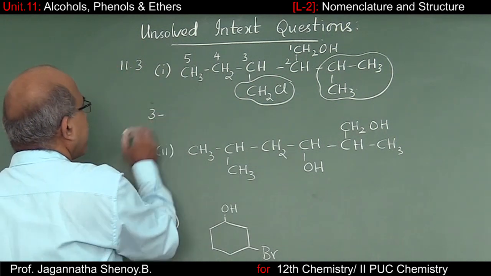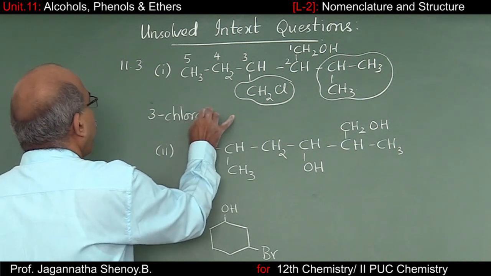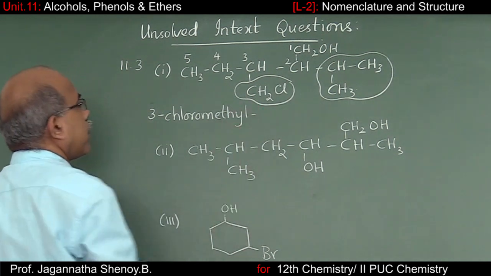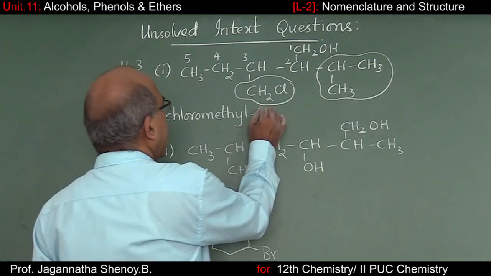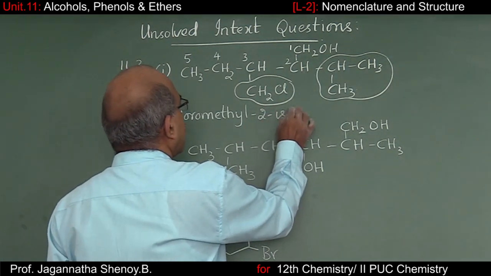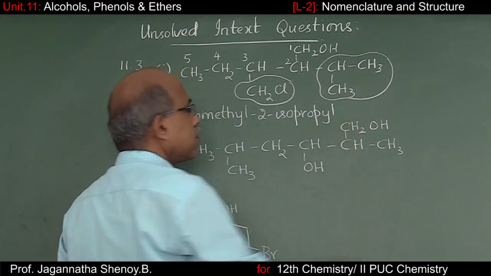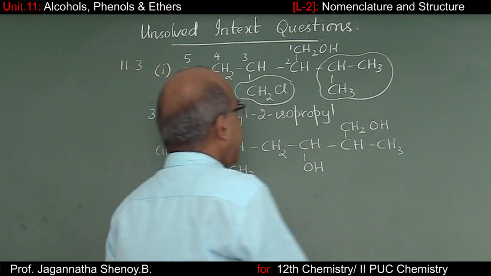So IUPAC name of that compound is 3-chloromethyl, and on the second carbon atom I have an isopropyl group. So it is a 2-isopropyl. So parent carbon chain has 5 carbon atoms.